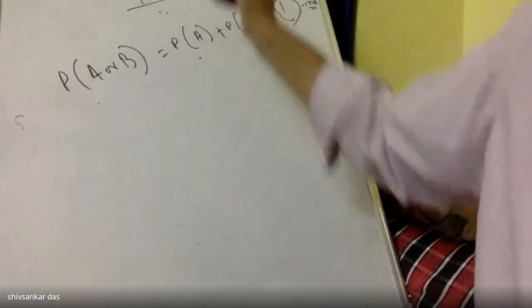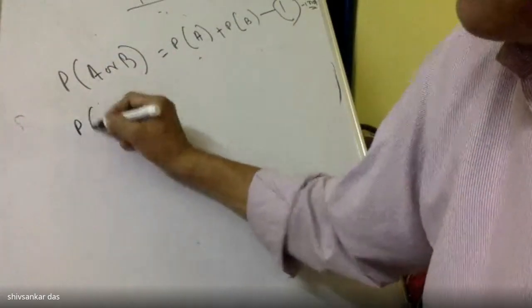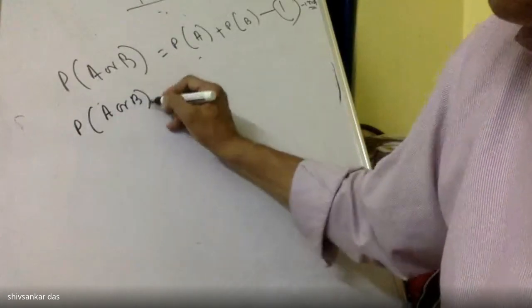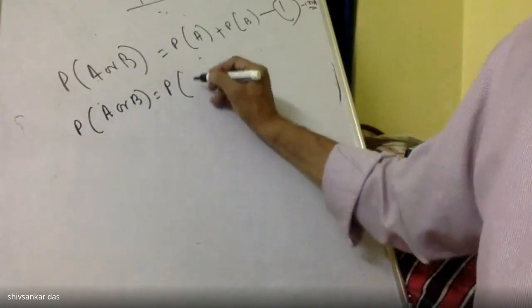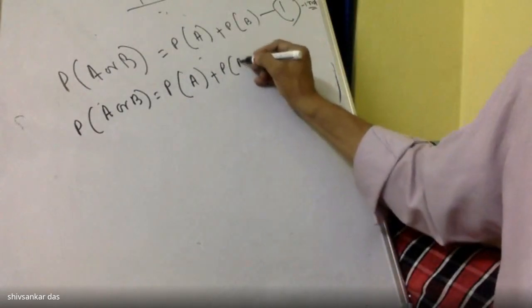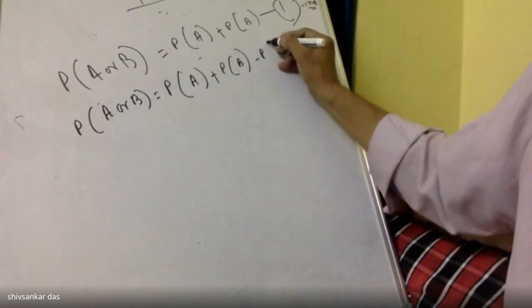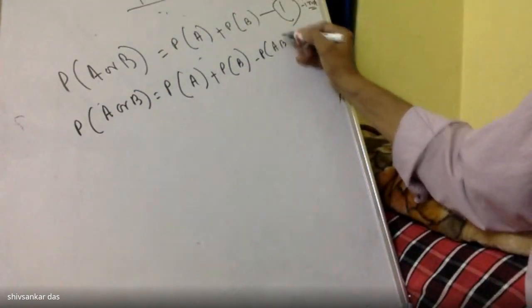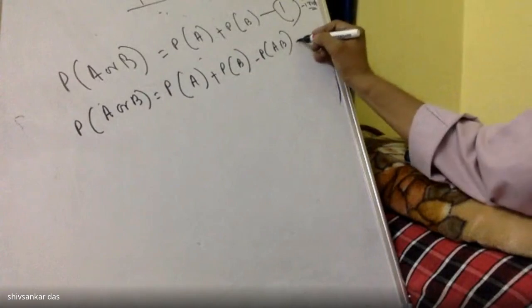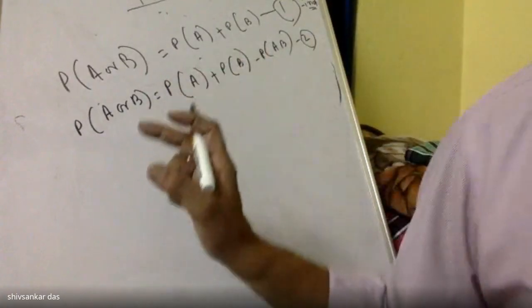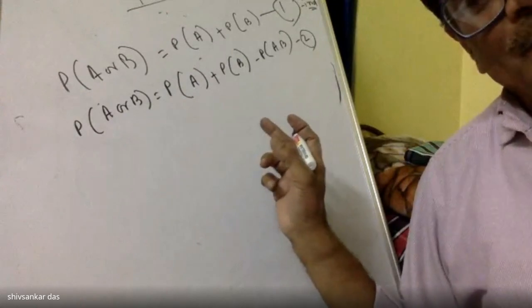In case of dependent events or not mutually exclusive, probability of A or B is equal to probability of A plus probability of B minus probability of AB. This is formula 2. Okay? Yes, sir.